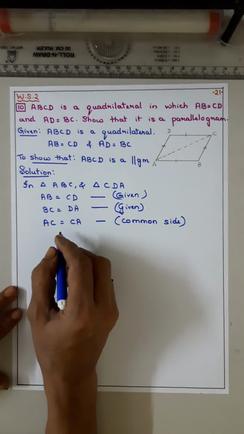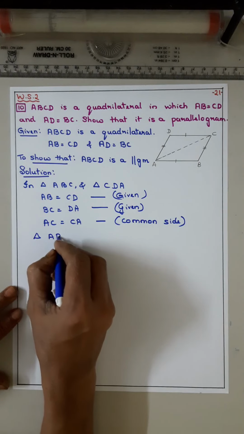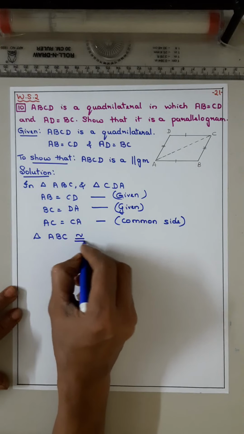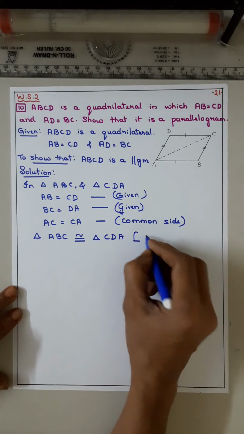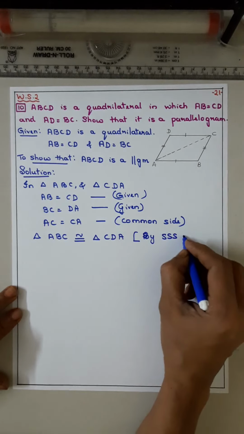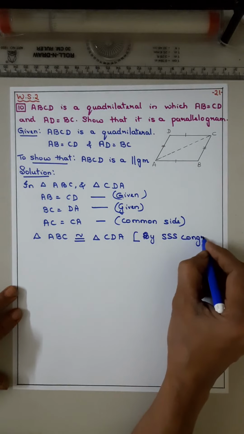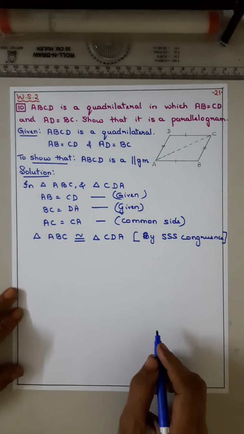That means we got what? Triangle ABC is congruent to triangle CDA by SSS congruence. So both the triangles are congruent.